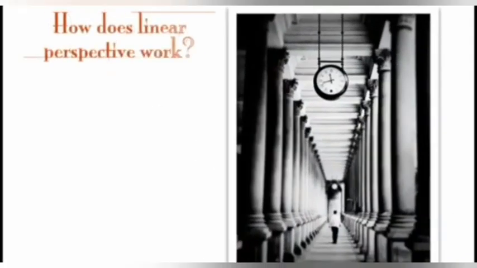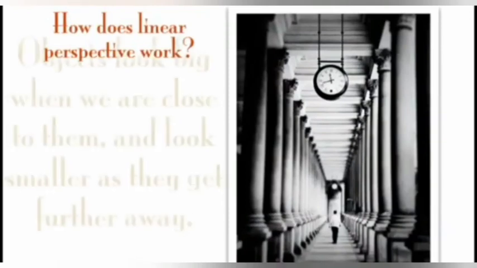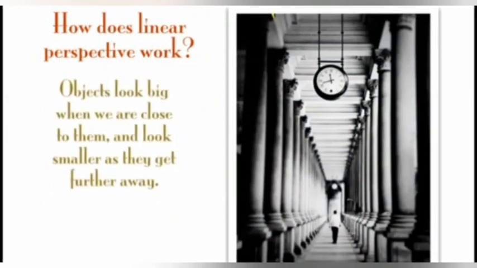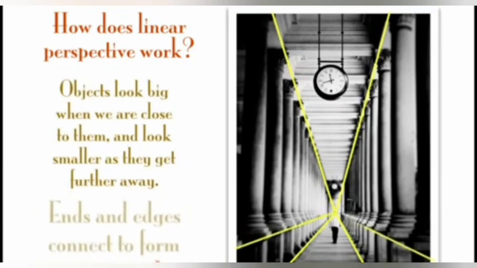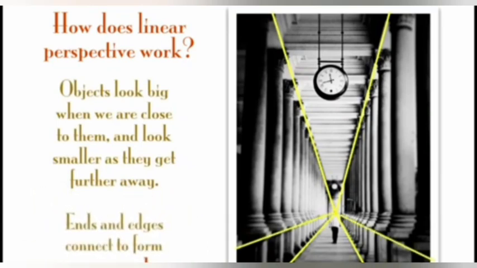So how does linear perspective work? This is because objects look big when we are close to them and they look small as they get further away. If we are to line things up and connect ends and edges, it will form convergence lines.